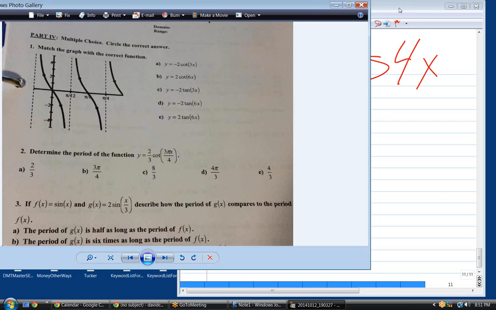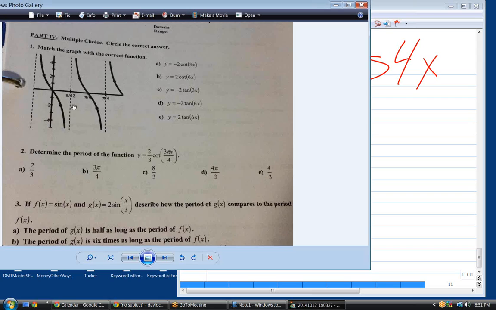What's its period? Period will be, can't read that, pi over 6. It must be pi over 12. Yeah, that's pi over 12. That's pi over 4. That's a third of that. And that's pi over 6.